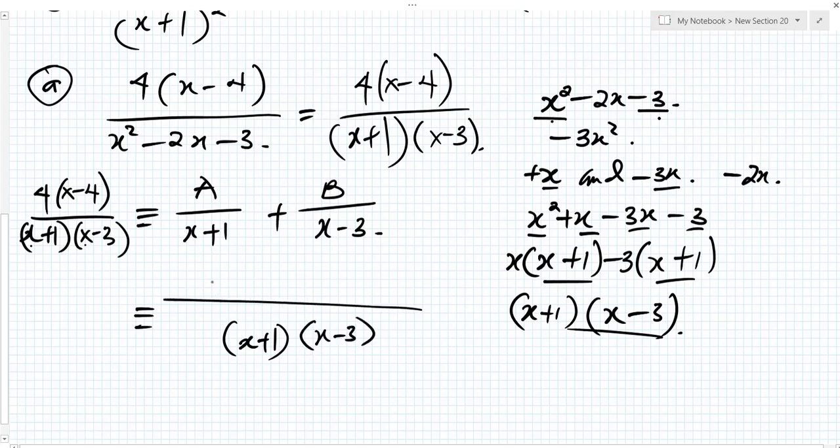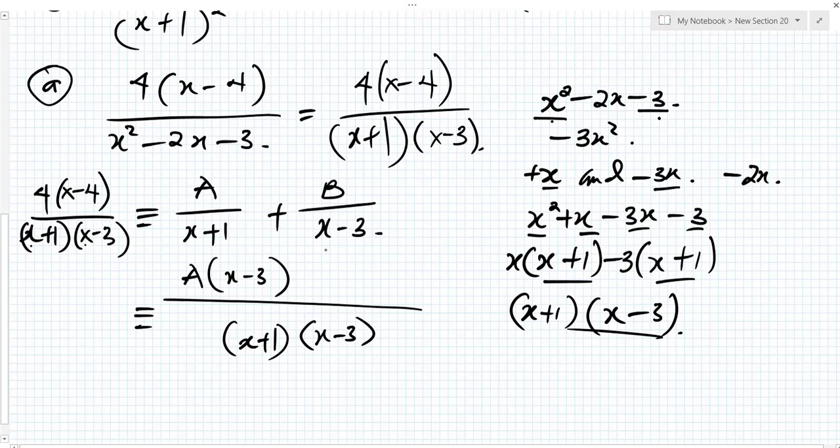If I use this x plus 1 to divide the lowest common denominator, I will have x minus 3. So this x minus 3 times a will give a times x minus 3.